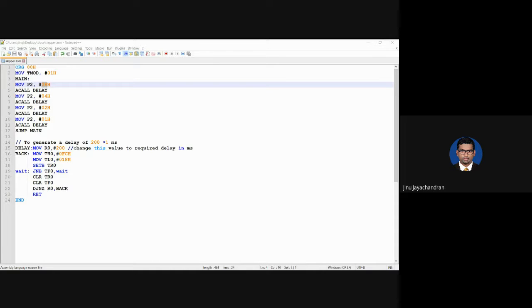I know it is not possible for you to test it, but if you can, that is pretty good. If you have Proteus software, you can test it inside Proteus. Anyway, you can try it out and upload the code. I'll give you till tonight to finish and upload it. So that's the experiment for today.